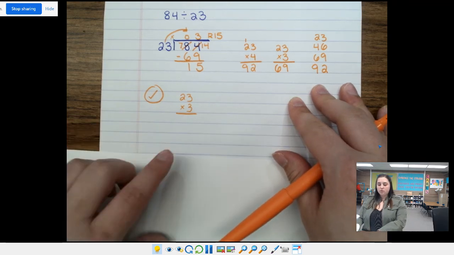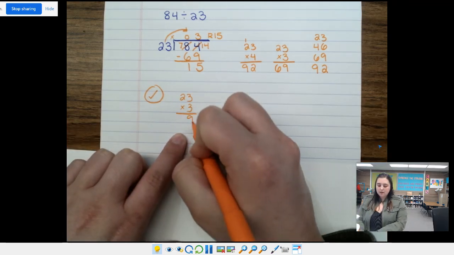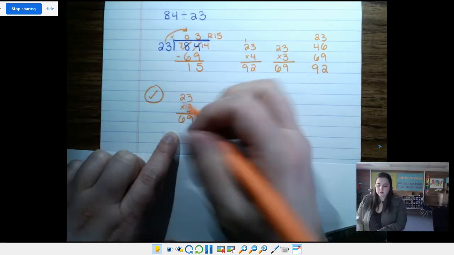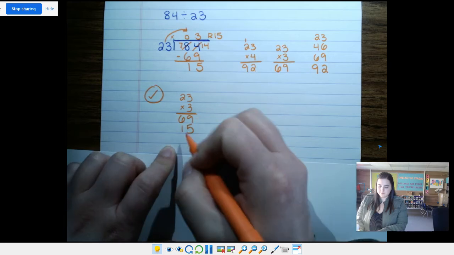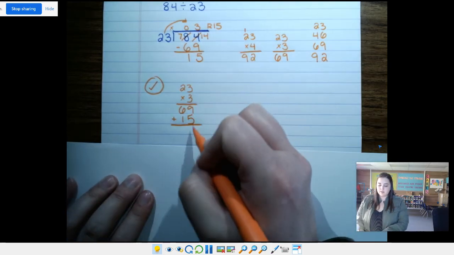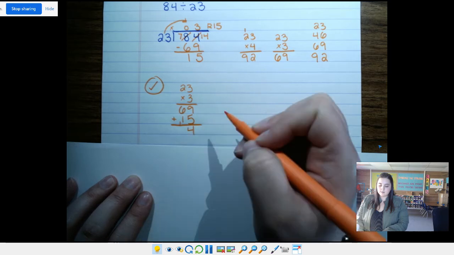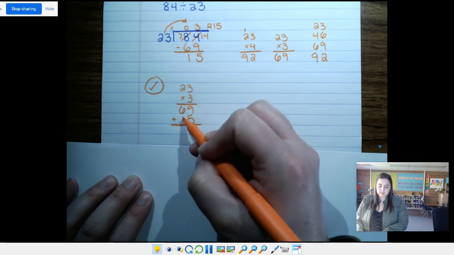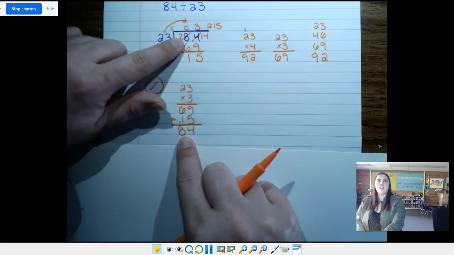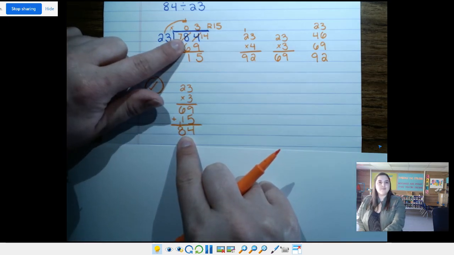If you have 3 groups of 23, it'd be 9 and 6. Add our remainder. 9 plus 5 is 14. 6 plus 1 is 7. Plus 1 is 8. 84. Just what we started with.